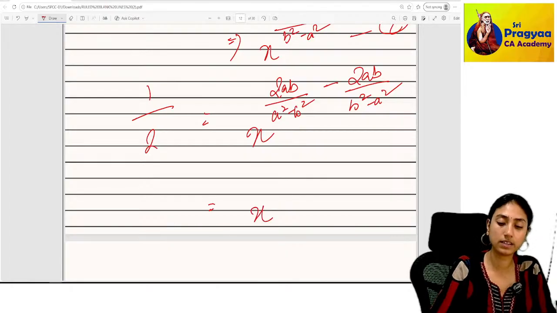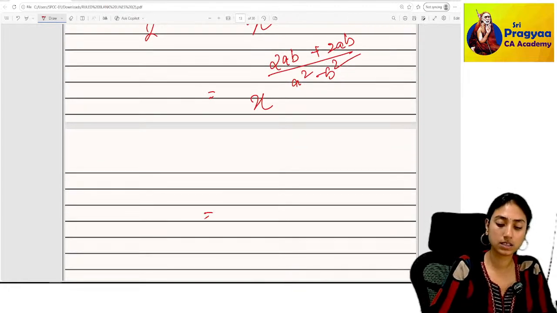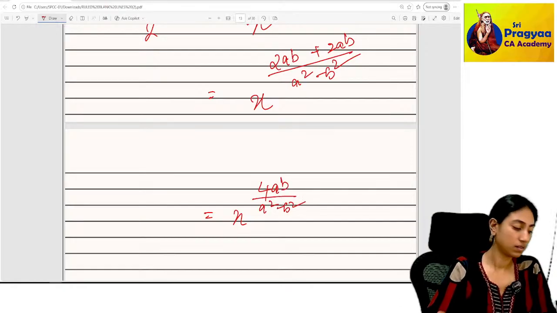How can I again rewrite this? Yes, sir. Minus a well எடுத்துட்டா, which is nothing but 4ab by, correct?